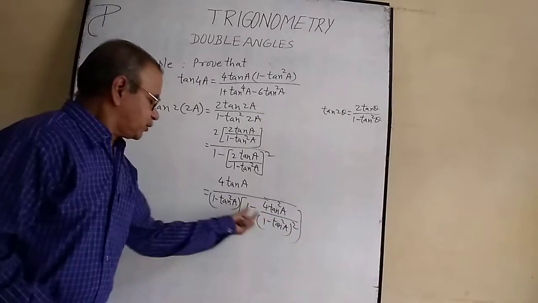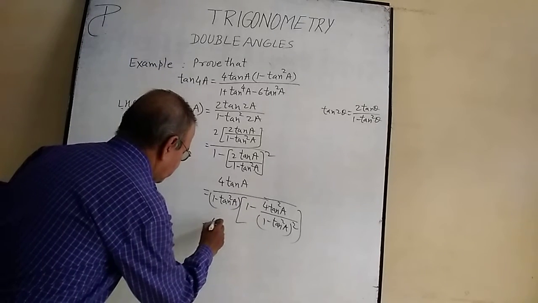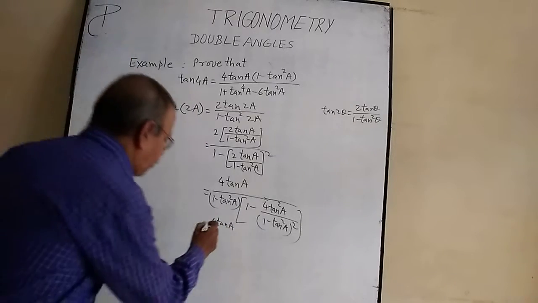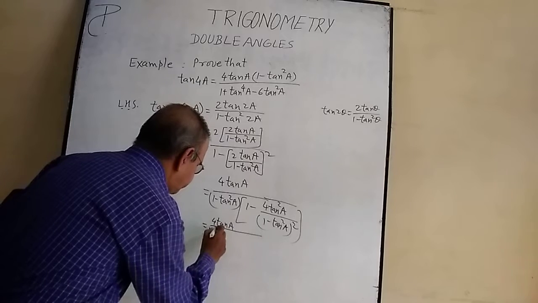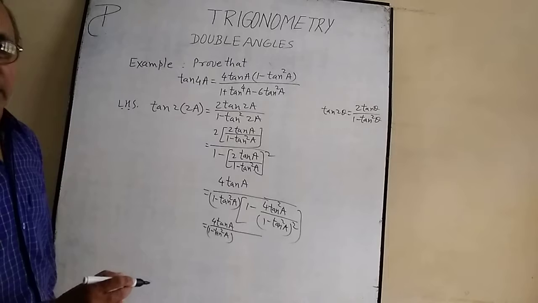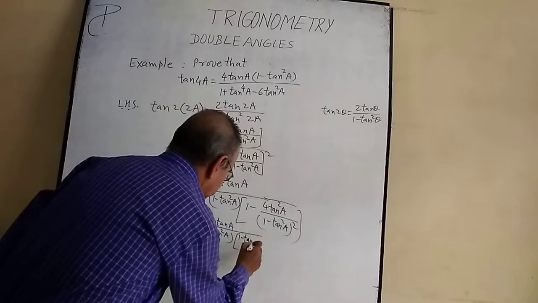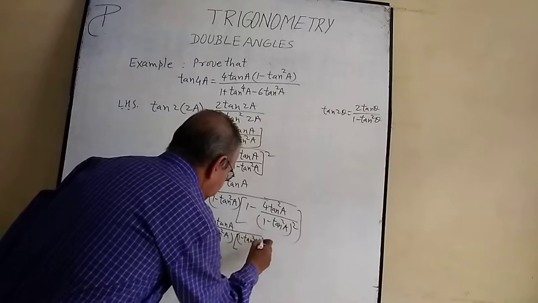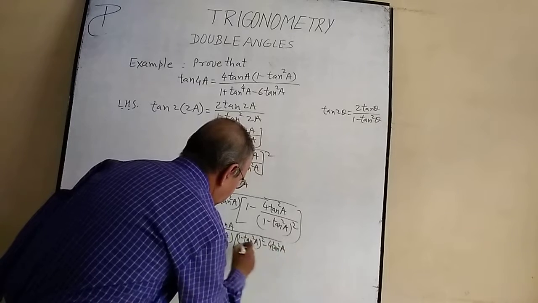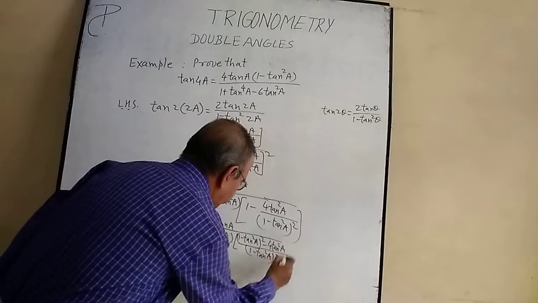I just take the LCM and we will write here 4 tan a upon 1 minus tan square a, upon (1 minus tan square a) whole square minus 4 tan square a upon (1 minus tan square a) whole square.